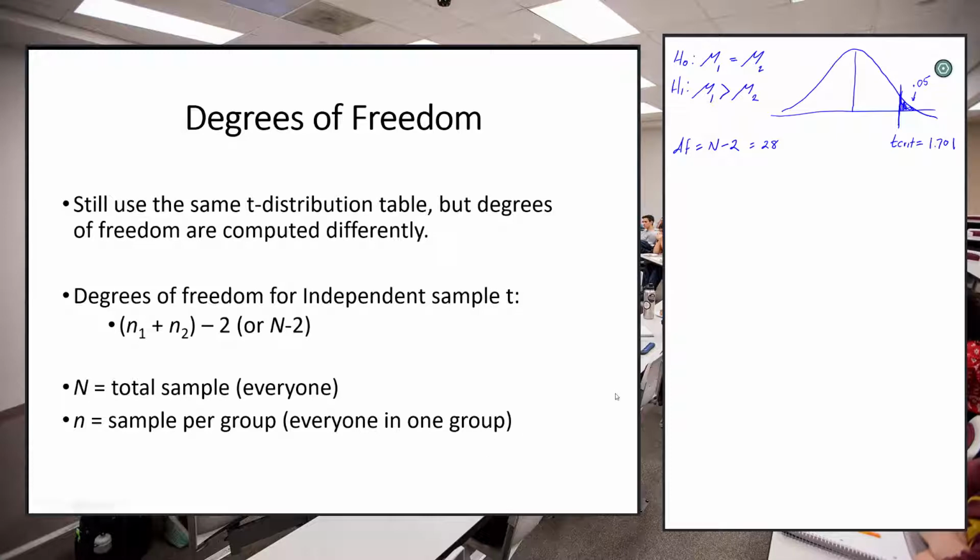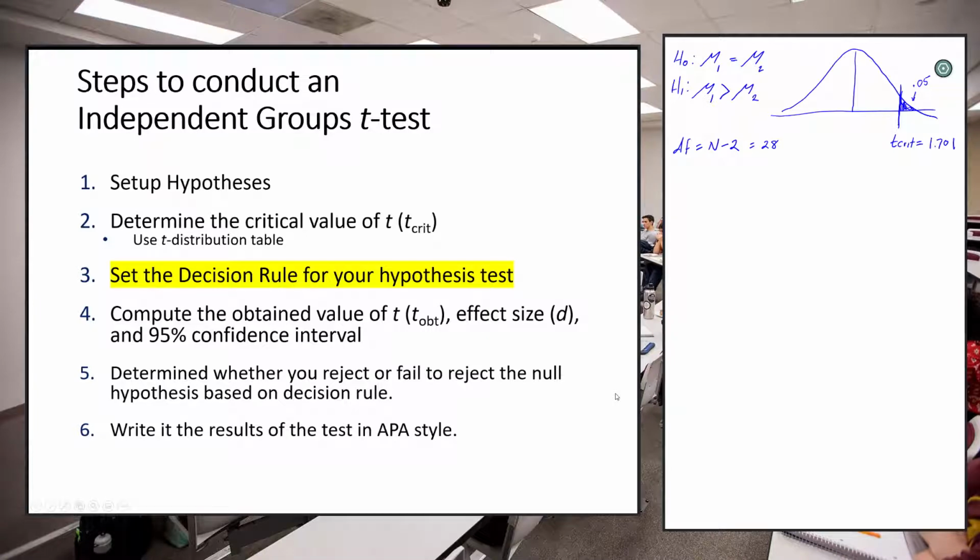So now our next step is we are going to set the decision rule for our hypothesis test. And again, this just tells us under this condition, we will reject the null hypothesis. And if that condition isn't met, then we fail to reject the null hypothesis.